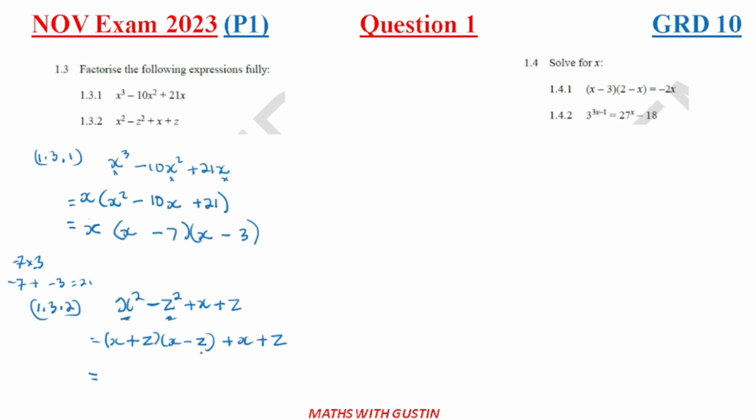If I look at this properly, you can take out a common factor of x plus z. Therefore, in this case, you are going to be left with x minus z, so that when you remove the bracket, you go back there, and then here you are going to have plus 1, therefore close bracket. Great stuff. So you took out a common factor of that. Okay, now let's move on to 1.4.